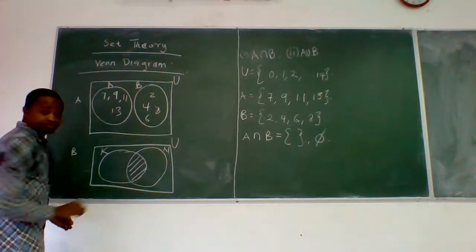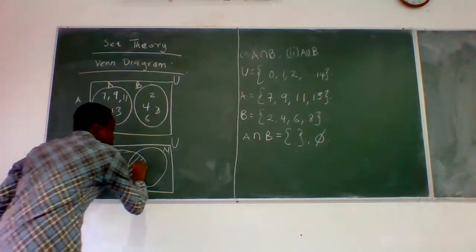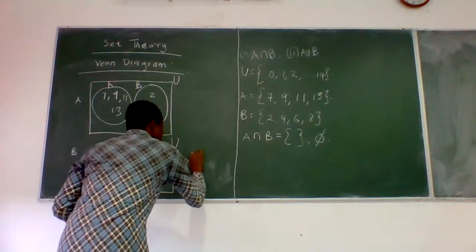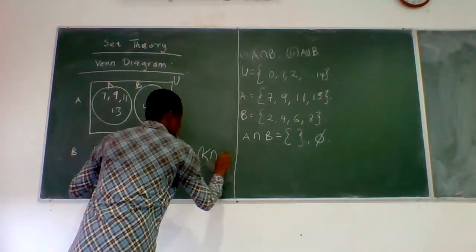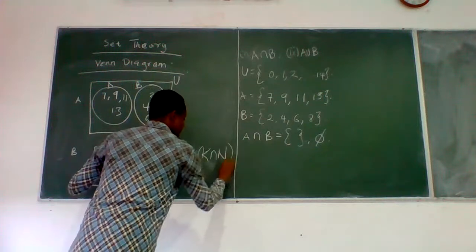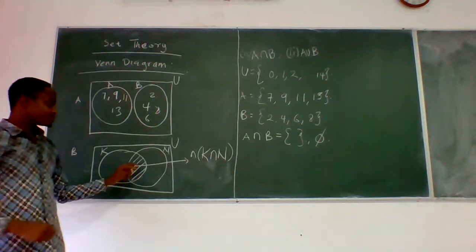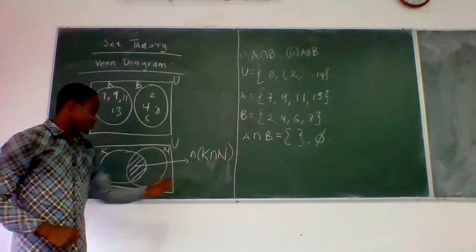This is the intersection. So this is the same as K intersection N. This is the meaning of this section.